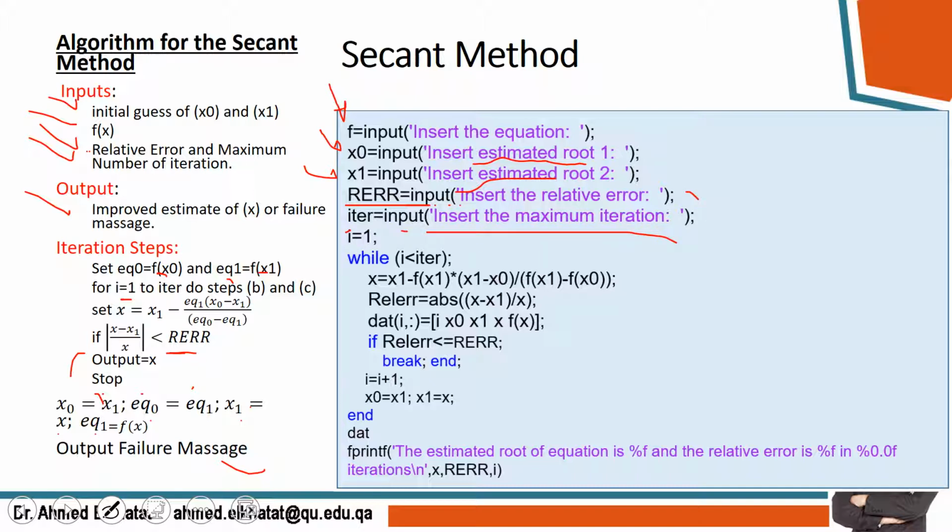Now let's start our iteration. So i equal 1, while i is less than the iteration limit, x equals x1 minus f of x1 times x1 minus x naught, over f of x1 minus f of x naught. So we just apply this equation, and here we define each of them.